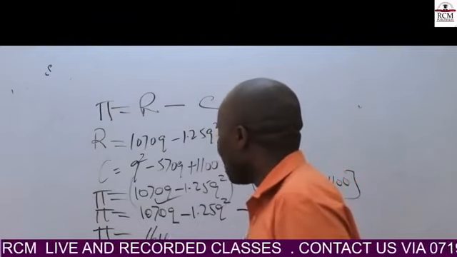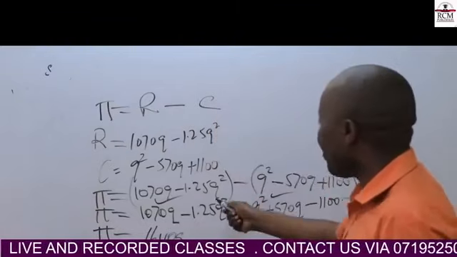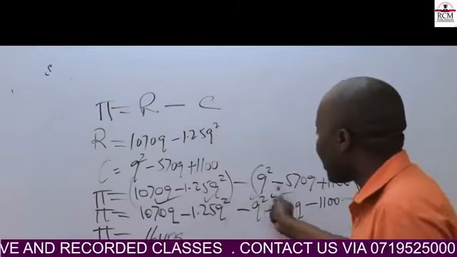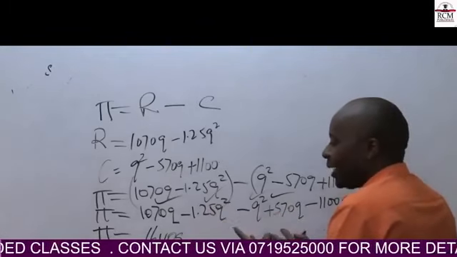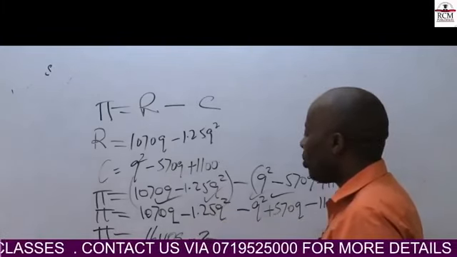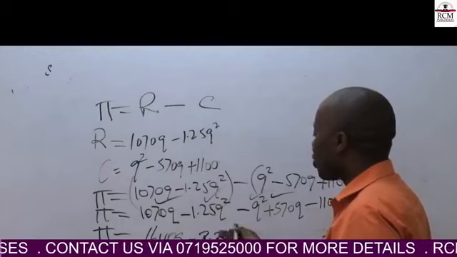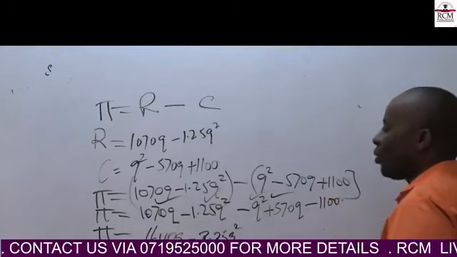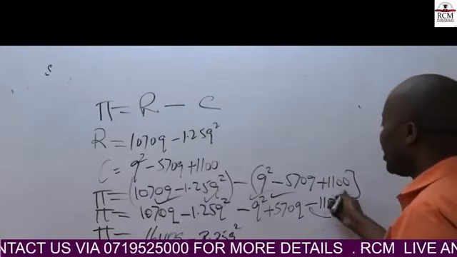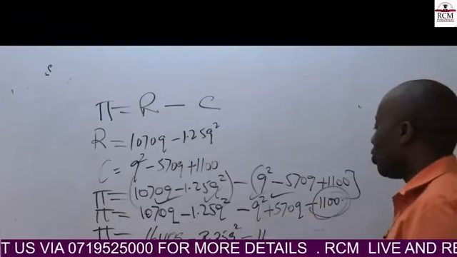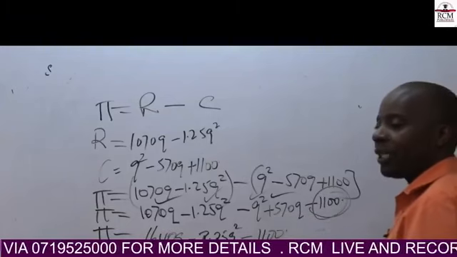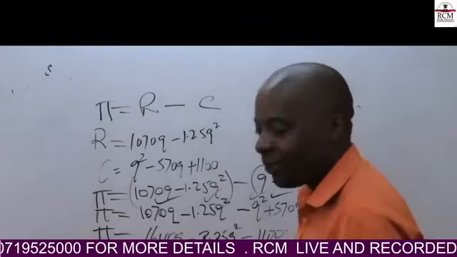So 1640 Q. This one has a partner. It has a partner, and this is minus 1.25 and this is minus 1. So you combine them as minus, so it becomes minus 2.25 Q squared. Minus what? This one doesn't have a partner. So minus 1100. So that is the profit equation.